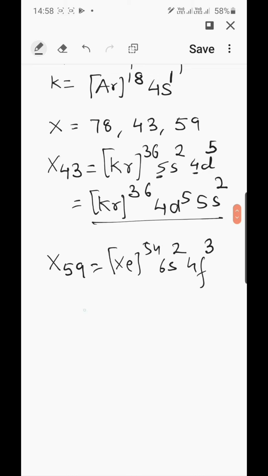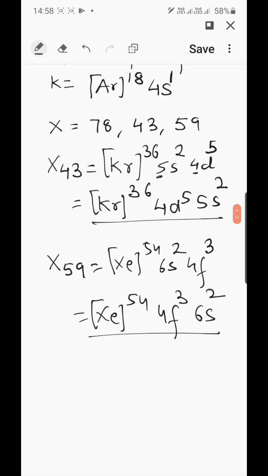Now we have to rearrange it because the 4th shell comes before the 6th. This is the electronic configuration of 59. This is the way to write the electronic configuration using noble gases. But there are a few exceptions which can be discussed in later videos.